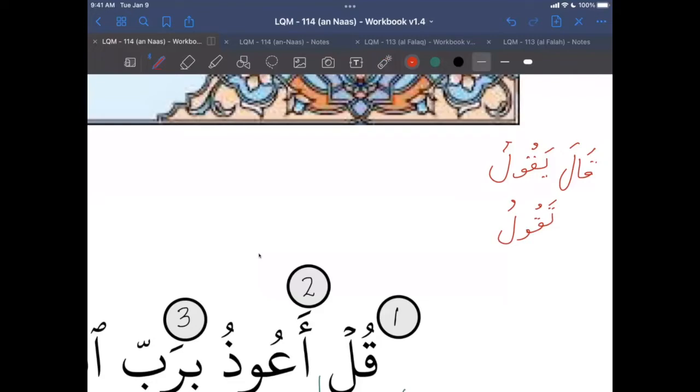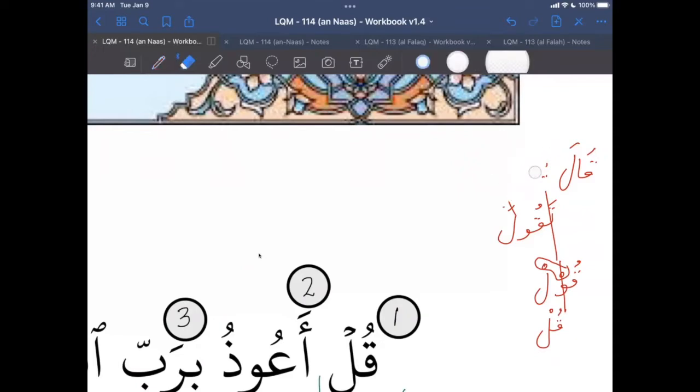In order to make it fi'l amr, we remove the harf mudari, which in this case is ta, and we remove the vowel sign on the lam kalima, which in this case is dhamma, so it goes to sukoon. Now, the waw already had a sukoon. So this condition we call iltiqa'u sakinain, a meeting of two sukoon. And in that case, the weak letter is dropped, and we are left with qul. That's where the amr is formed for an ajwaf verb.